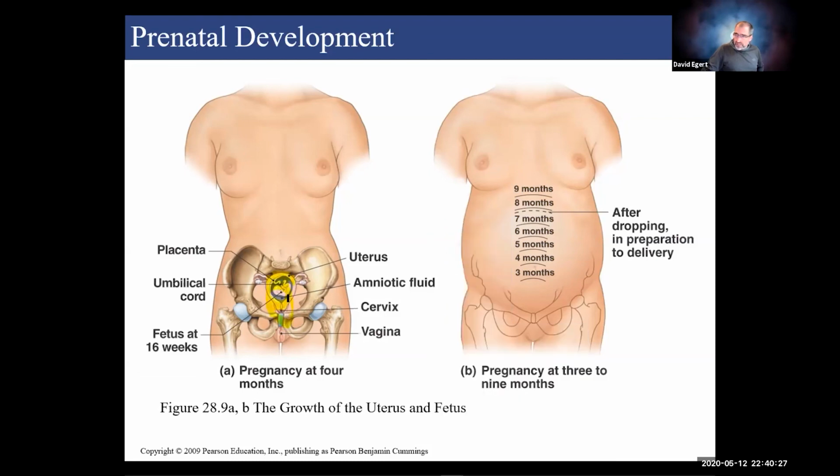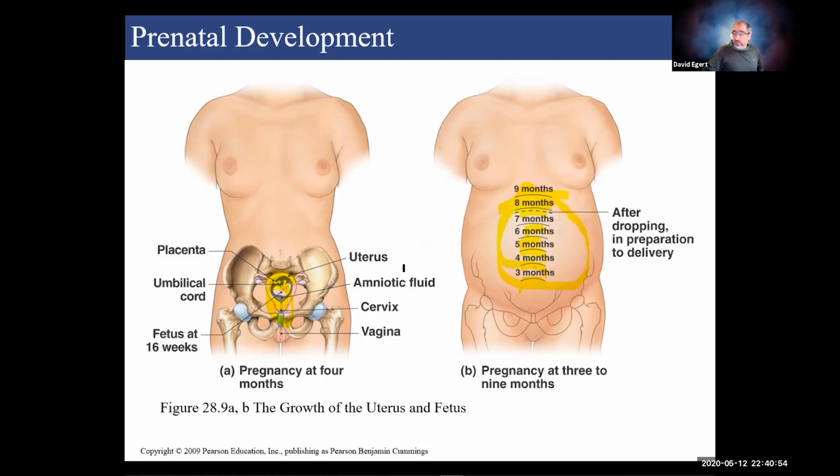So it's still staying down here. This is showing the fundus of the uterus at 3 months. At 4 months, it's reaching up to the level of your belly button. But then by the end of the second trimester, by the time you're getting to full term, the uterus is filling up all of this.